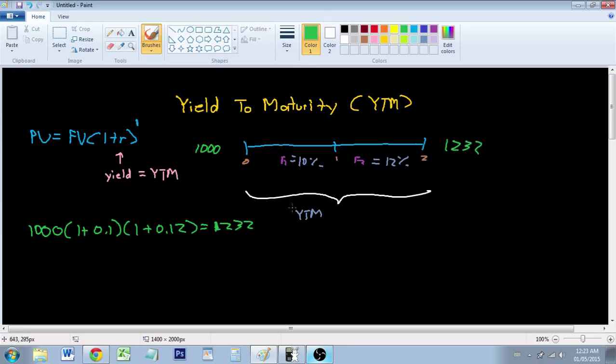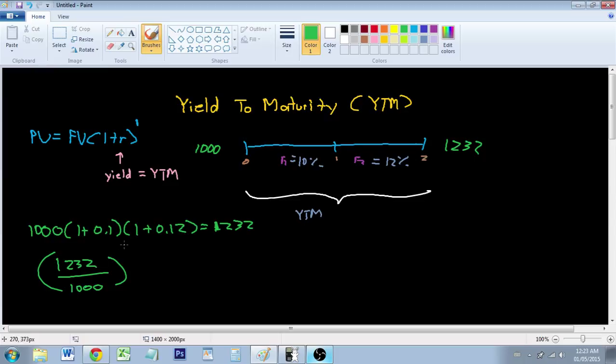And so now we just want to find an interest rate that'll give us this amount over 2 years. So it's going to be some number that's kind of like the average of these two numbers. Let's calculate that. 1232 divided by 1,000. Then you need to account for the number of time periods.